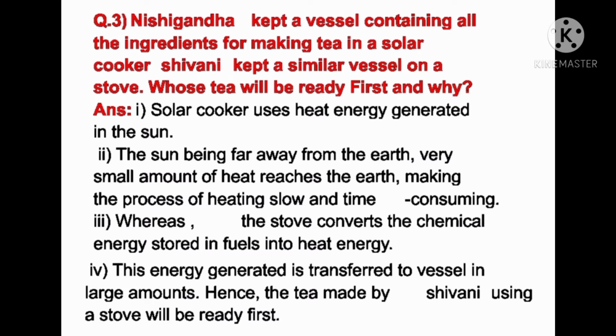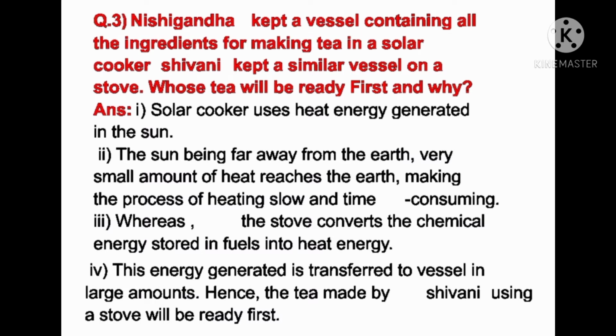A solar cooker which helps to work by sun's heat, and at the same time Shivani is keeping her vessel on a stove. So whose tea will be ready first and why? So let's see the answer. First point, solar cooker uses heat energy generated in the sun.